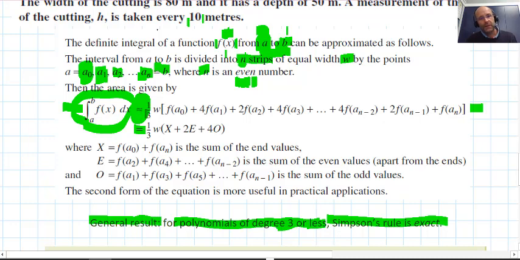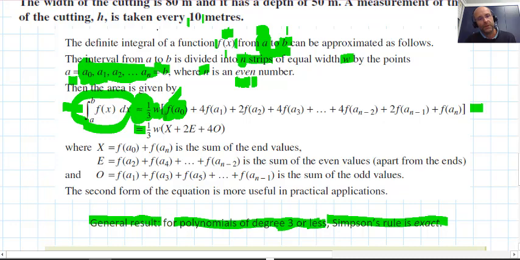Now this here is the expanded form. So it's 1/3 times the strip width times f of A0. That goes back to these symbols back here. So f of A0 is the first position of where the first ordinate line comes up from, and we're just subbing whatever value that is into the function. There's your function notation.